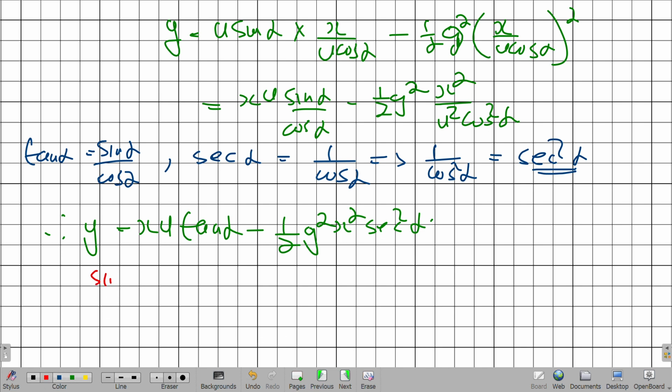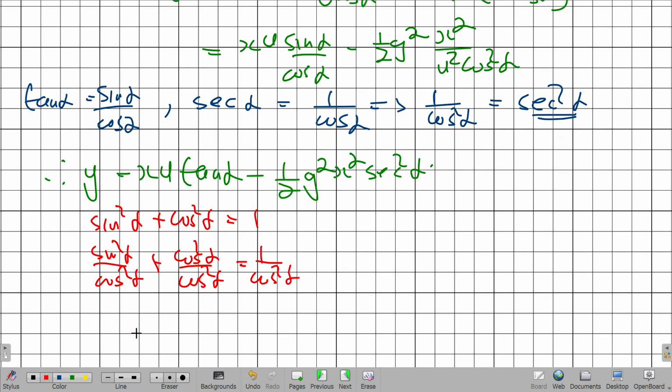Remember, sine squared alpha plus cos squared alpha is equal to 1, and if you convert this by dividing both sides by cos squared alpha, you're going to get sine squared alpha over cos squared alpha plus cos squared alpha over cos squared alpha equals 1 over cos squared alpha. So this gives us tan squared alpha plus 1 is equal to sec squared alpha. This is the identity we need to use.